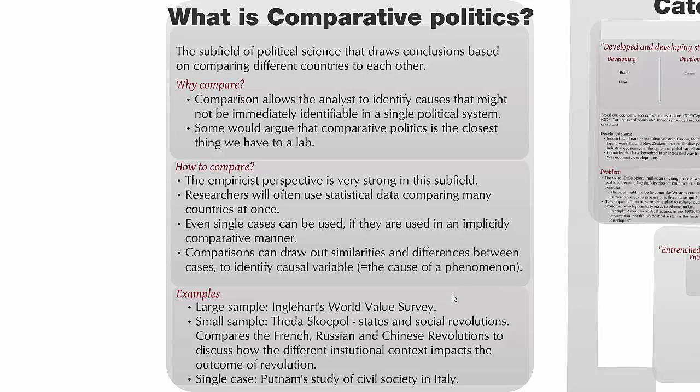So some examples then of very large samples would be Inglehart's World Value Survey. Inglehart doesn't necessarily compare countries as much as people to each other, but he does plot the countries. The World Value Survey does plot the countries over a spectrum. So this is a survey that goes out to thousands of people across the world in every single country that they can get a hold of.